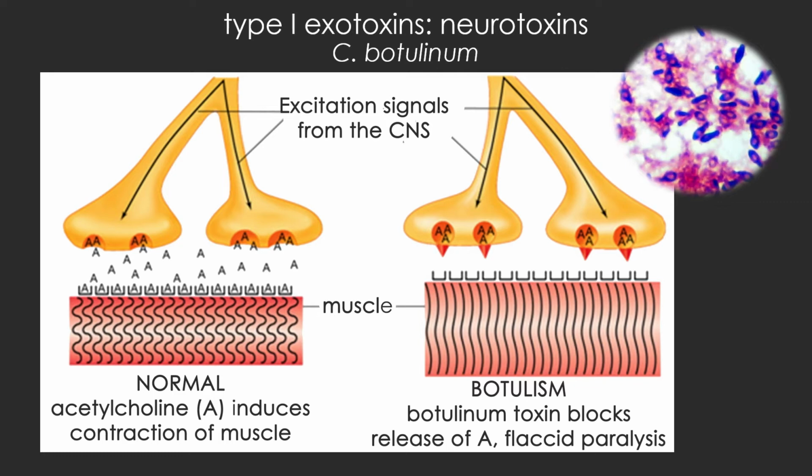So whether you have flaccid paralysis or spastic paralysis, either of those two conditions would require ventilation. Now, the good news is, because this is a type 1 exotoxin, it's binding to the surface of the cell, but it's not damaging the membrane. If you can get rid of the toxin, you can recover completely from the infection, which is thankfully what happened with the little boy in our case study.